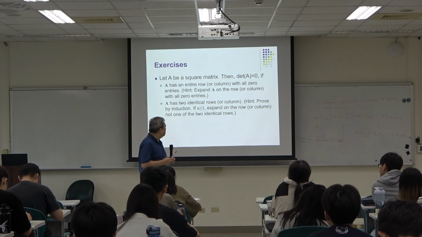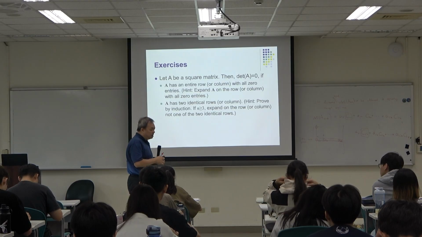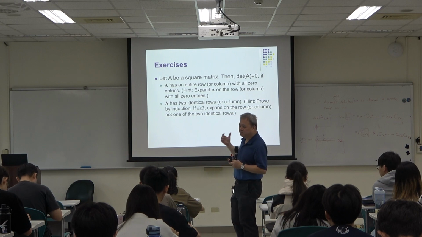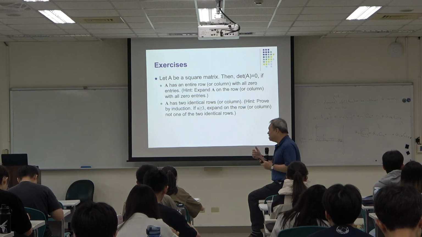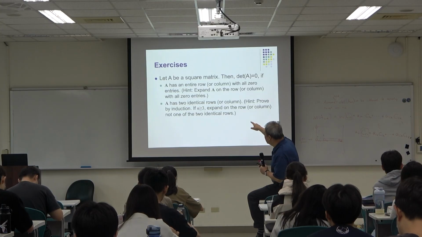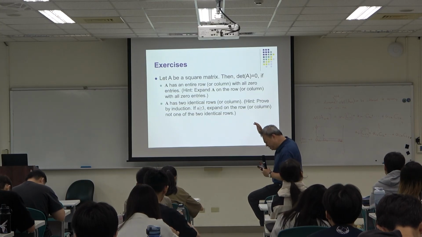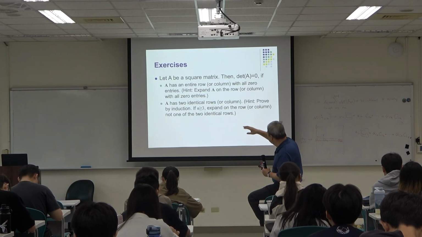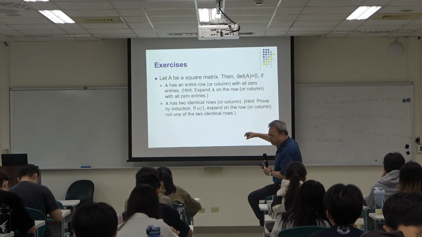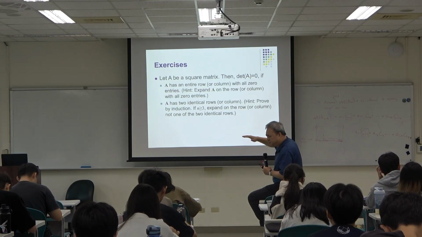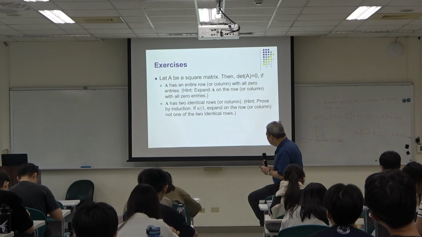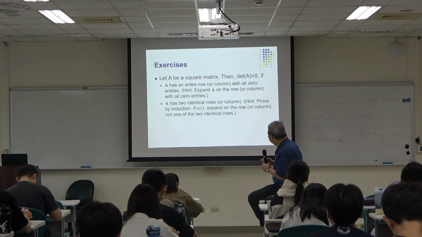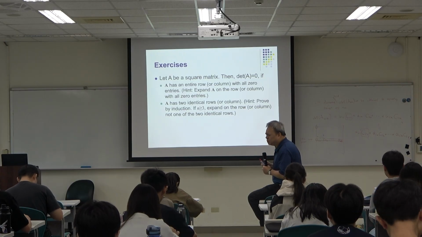It's easy, right? It's a direct consequence of the previous theorem, because we just expand the matrix through that row with all zeros, and then all the terms of the determinant calculation become 0. So obviously the determinant of that square matrix will be 0.